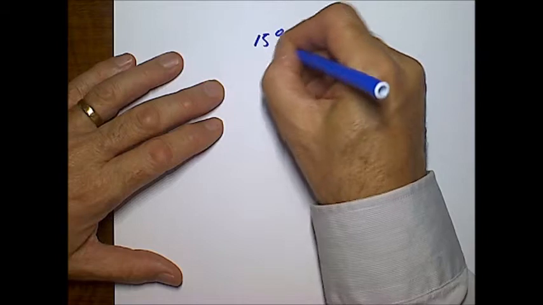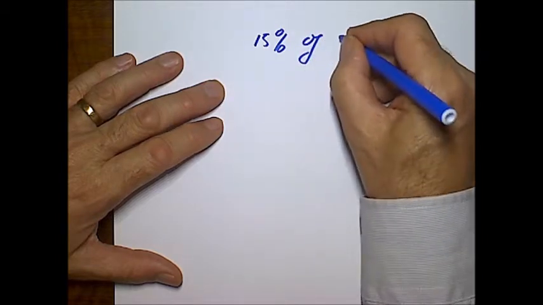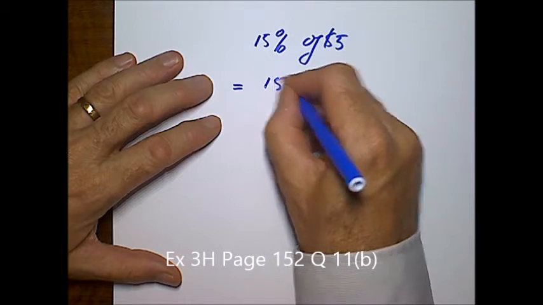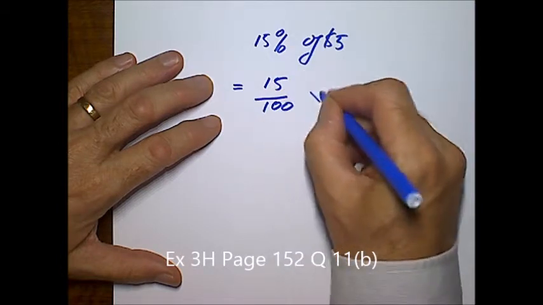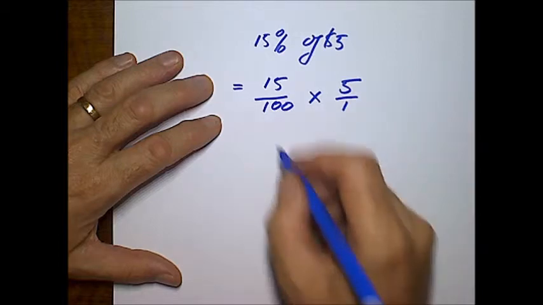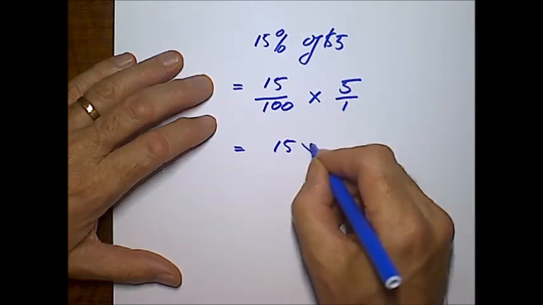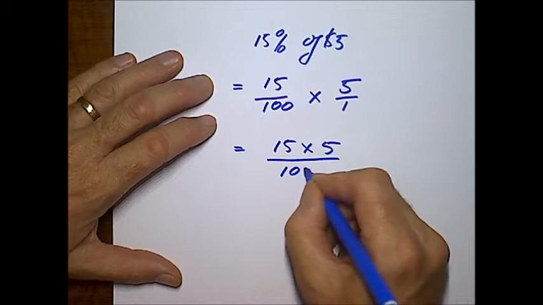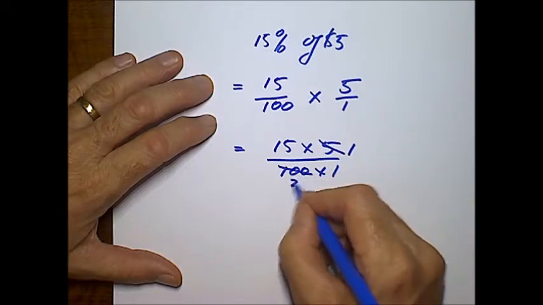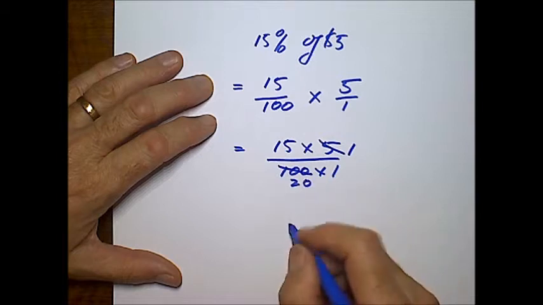If the problem has units, for example, if we're asked to find 15% of $5, again, 15% means 15 over 100, of means multiply, 5 over 1, the answer will be in dollars. So that's going to be equal to 15 times 5 over 100 times 1. 5 into 5 goes once. 5 into 100 goes 20.